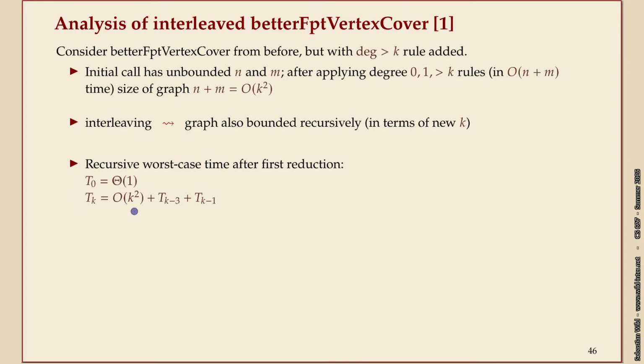Both can be done linear in the size of the graph, and the graph is, in the worst case, quadratic in the parameter of the current call. Maybe for consistency, I should have called this k_L here. That's what it was on the previous slide. But of course, it's just a name for the local variable. Now, the point is, I cannot simply ignore this part if I want to get the tighter analysis.